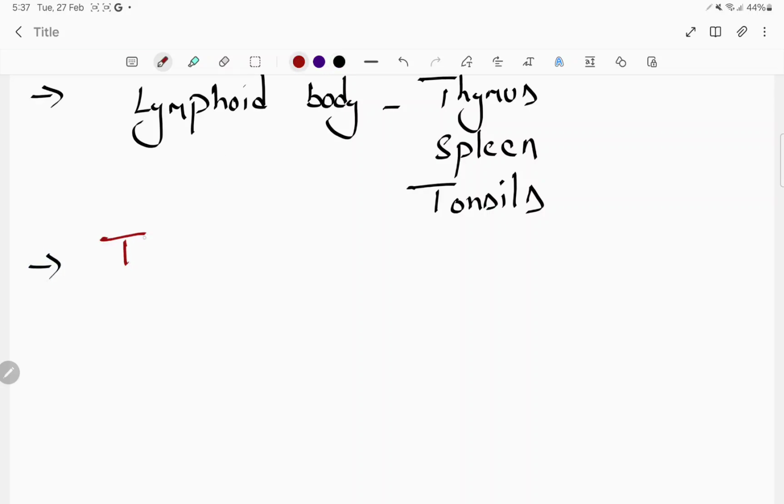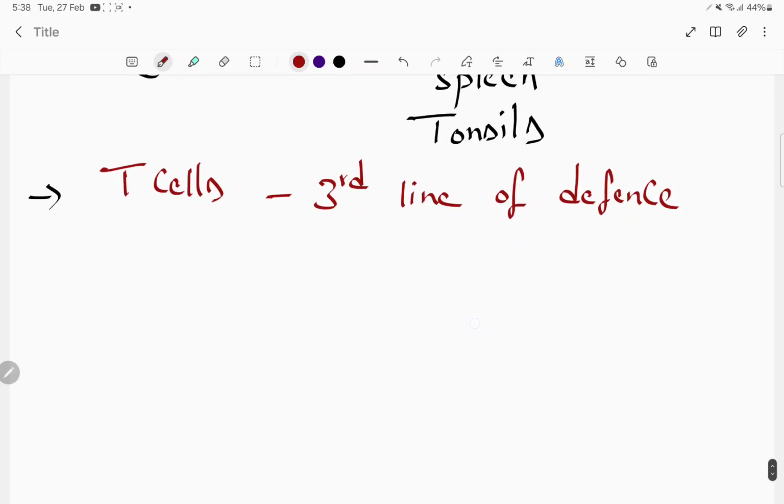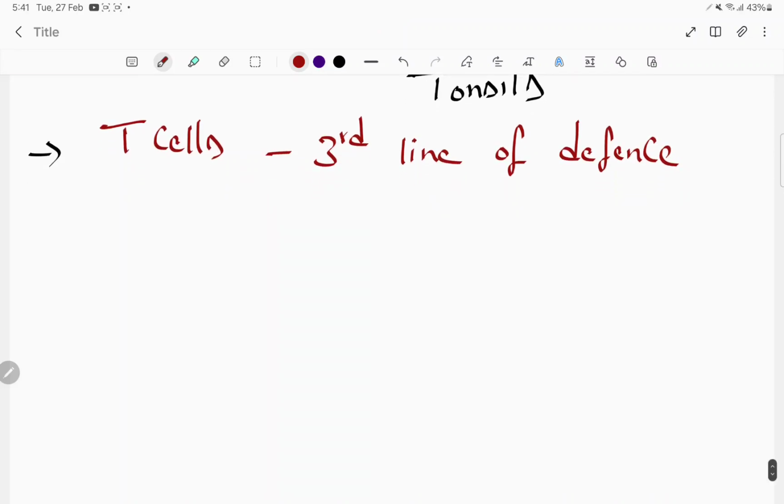Next, T cells are the third line of defense.